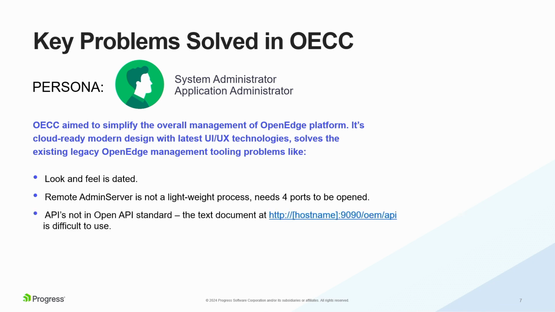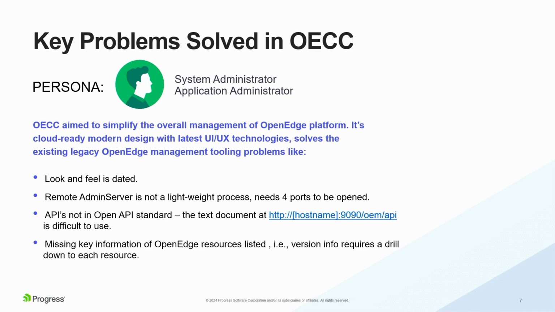And as I mentioned about OpenAPI, if you're familiar with this URL to access the OEM API, the API doesn't give any Swagger UI or OpenAPI standards API for you. This has been solved. And the last one is the way the information architecture is presented in the current OpenEdge Explorer, which is not intuitive.